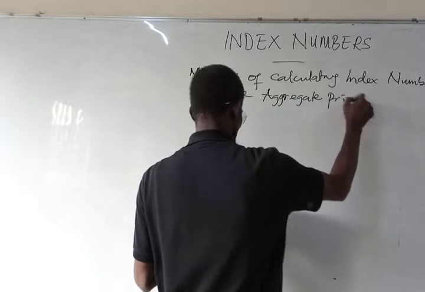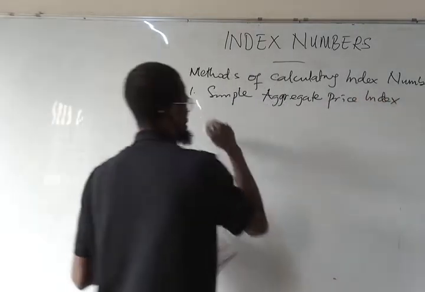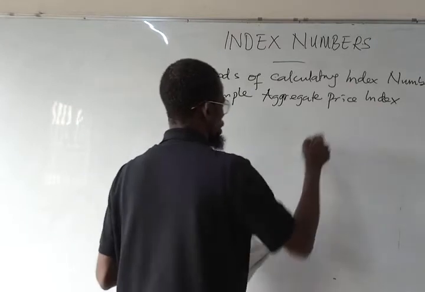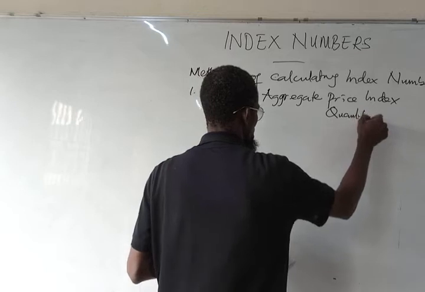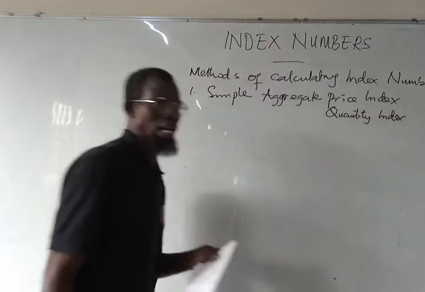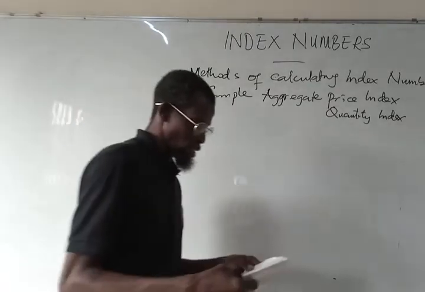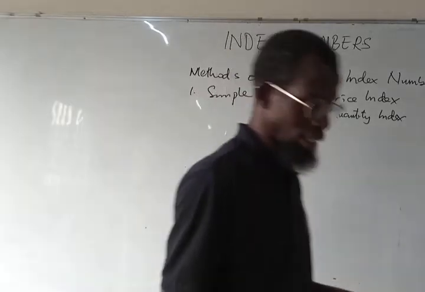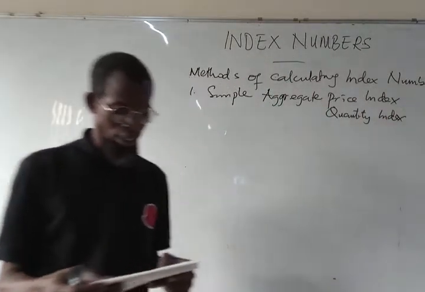Price index, or you can call it simple aggregate method of quantity index. It depends on the index you are asked to find. So I can use simple aggregate to do that of price, and I can use it for calculating quantity.